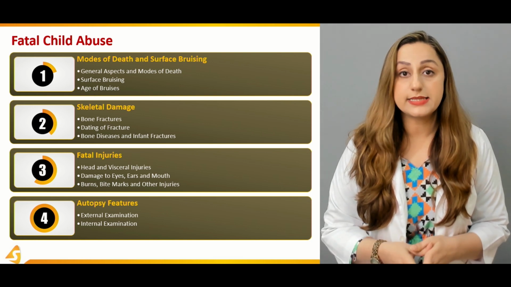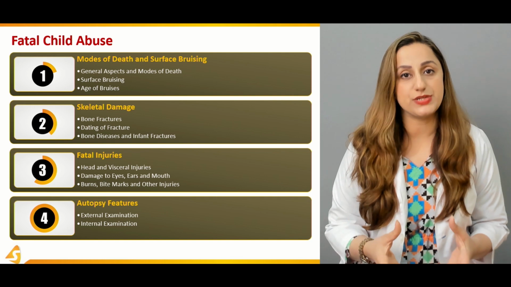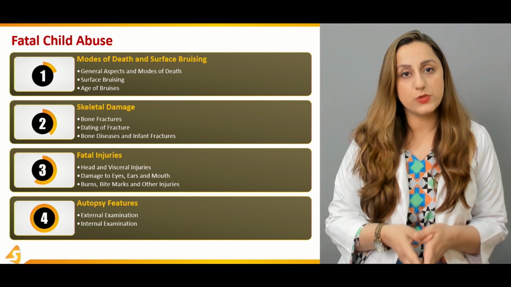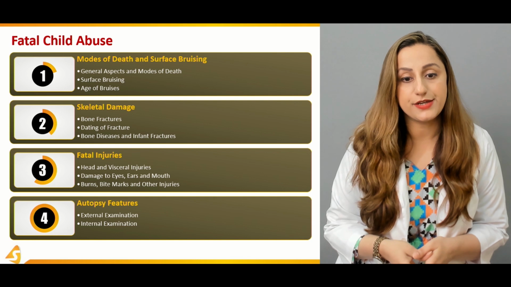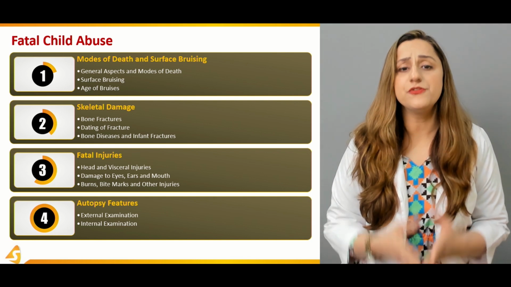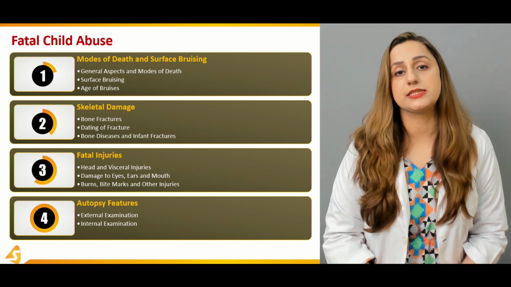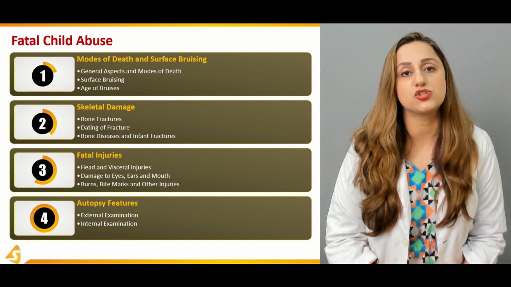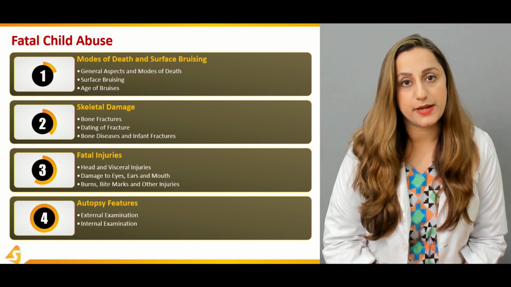Moving on, in the third section, we'll be discussing the fatal injuries as well. The head and the visceral injuries are discussed in detail. The damage to the eyes, the ears, and the mouth is very evident when the child is subjected to domestic violence or such an abusive environment.